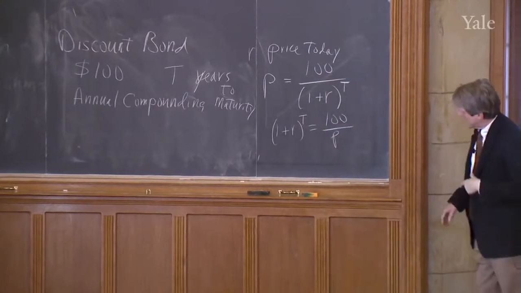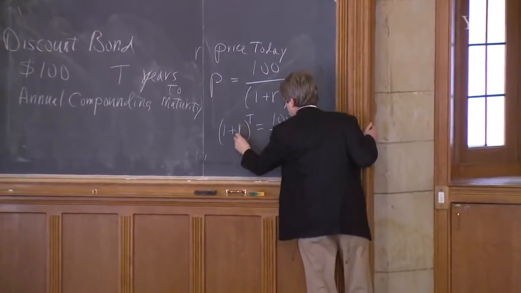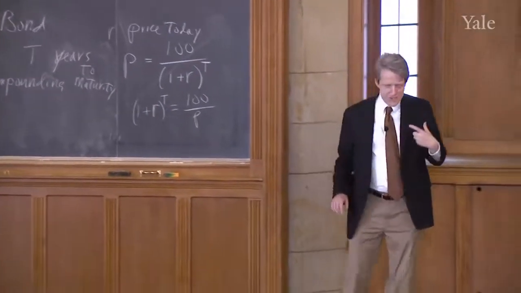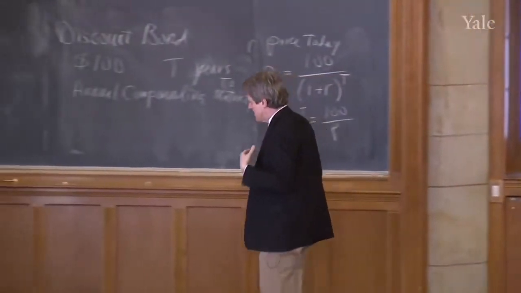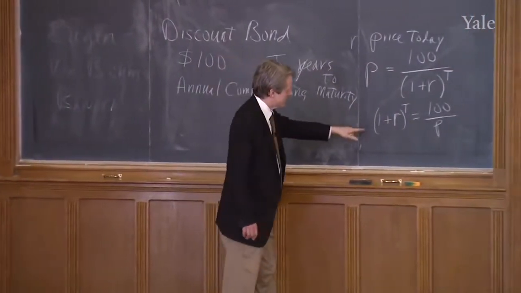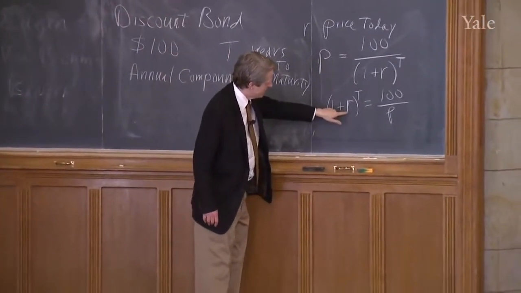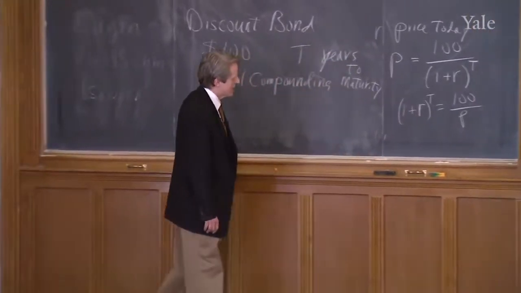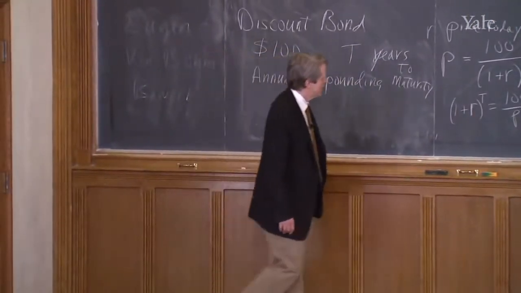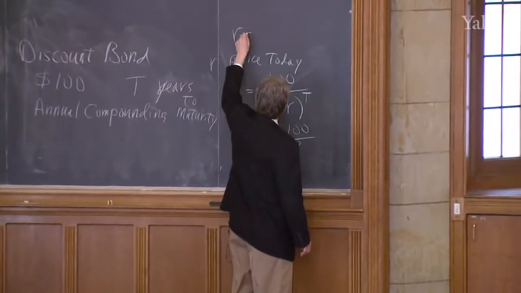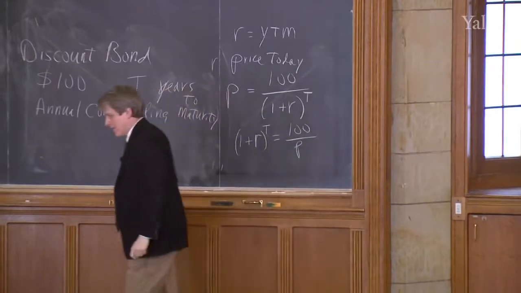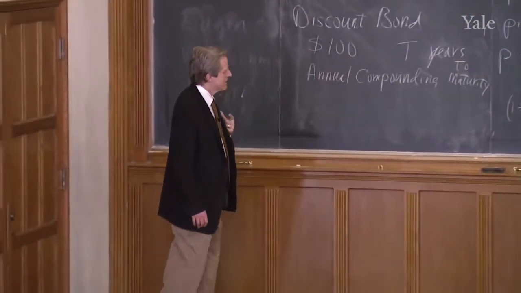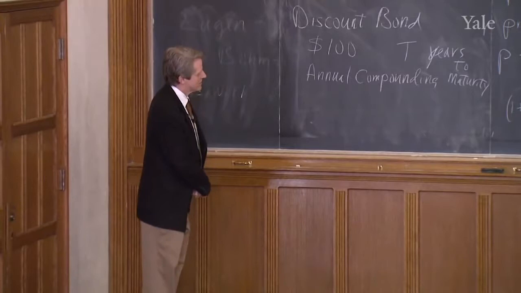So 100 over p is the ratio of my final value to my initial investment value if I invest in the discount bond, and I want to convert that to an annual interest rate. So this is the formula that allows me to do that. The r is also called yield to maturity, because the maturity is T, the time when the discount bond matures.